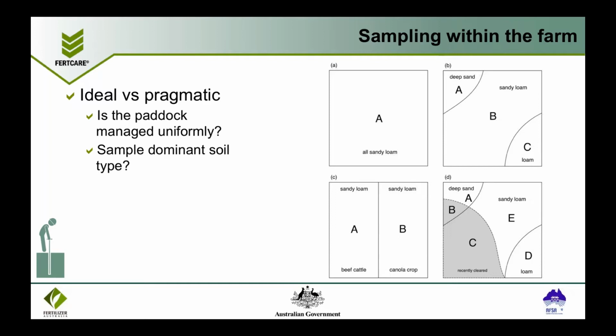If you're making a fertilizer recommendation and the farmer is not going to change his fertilizer program according to the strata that you've identified, then it may be more pragmatic to sample the dominant soil type within a particular paddock and adjust the fertilizer recommendation accordingly. What's probably really important here, though, is that there's a conversation with the grower to identify the best place for sampling.